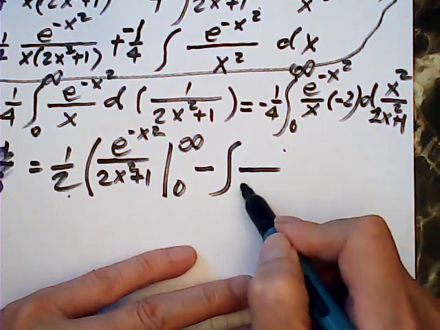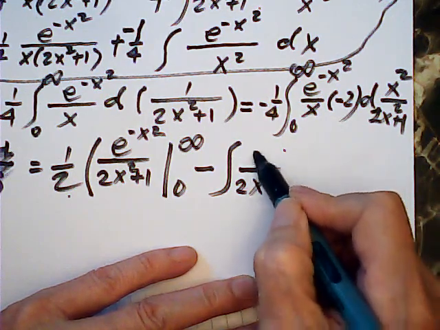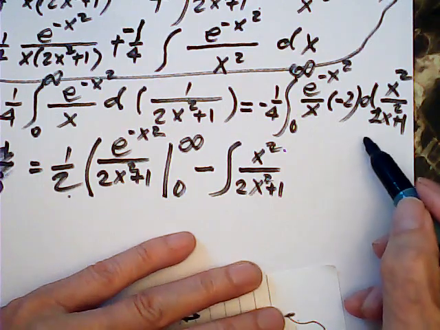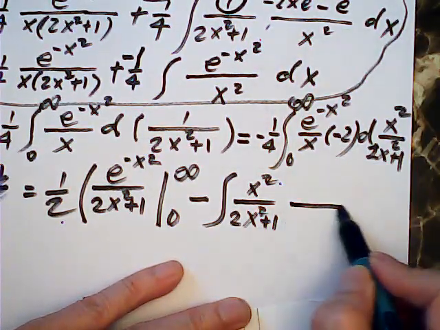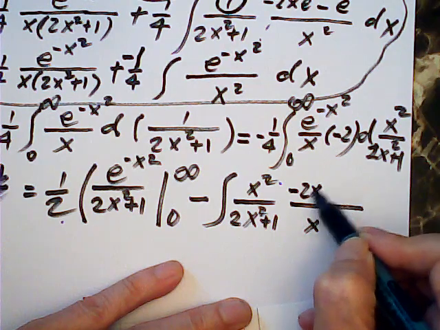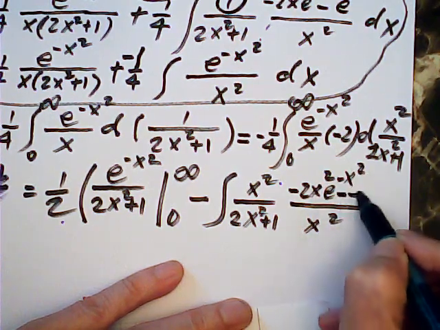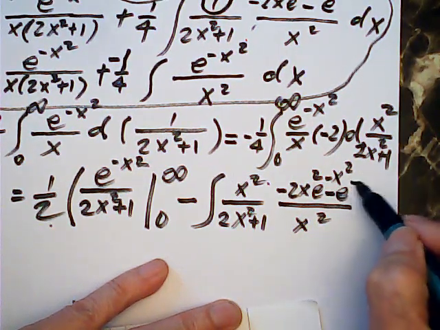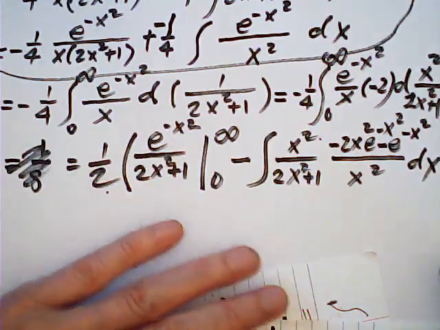V is this, 2x squared plus 1 x squared. Du is what I've done before, that is x squared minus 2x squared e to the minus x squared minus e to the minus x squared dx.